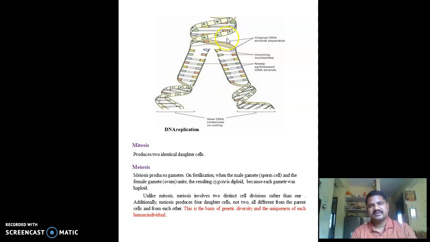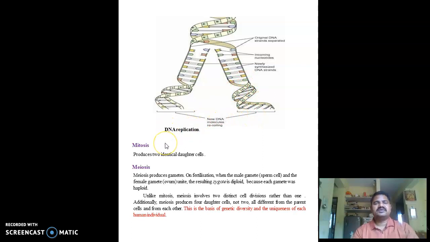Here we can see the DNA replication: the original DNA, then addition of nucleotides, and newly synthesized DNA strands are formed and they are coiled.